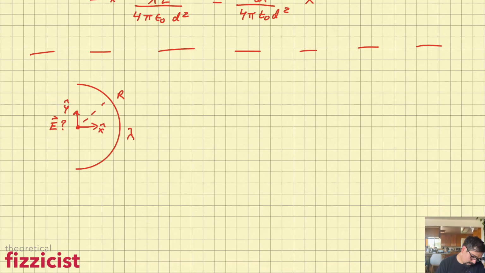So with respect to the positive y-axis, I'm going to define an angle theta right here, where if I'm at this position, I've subtended an angle theta with respect to positive y. However, if I'm up here, theta is equal to 0. If I'm right here, theta is equal to pi over 2. And if I'm down here, theta is equal to pi.